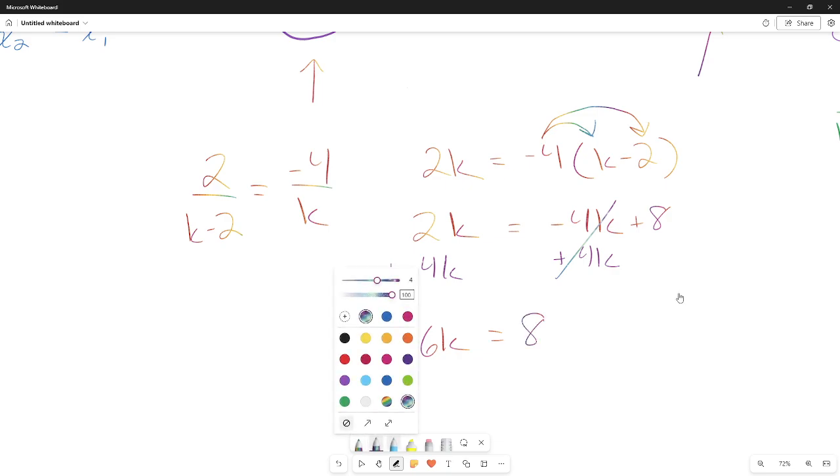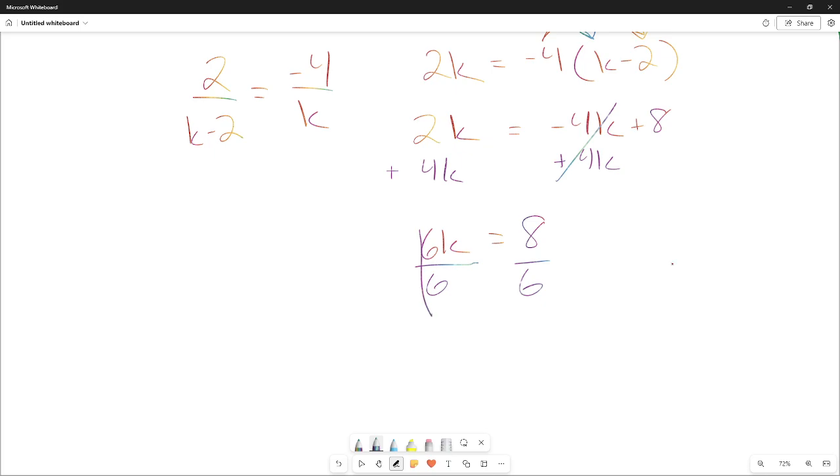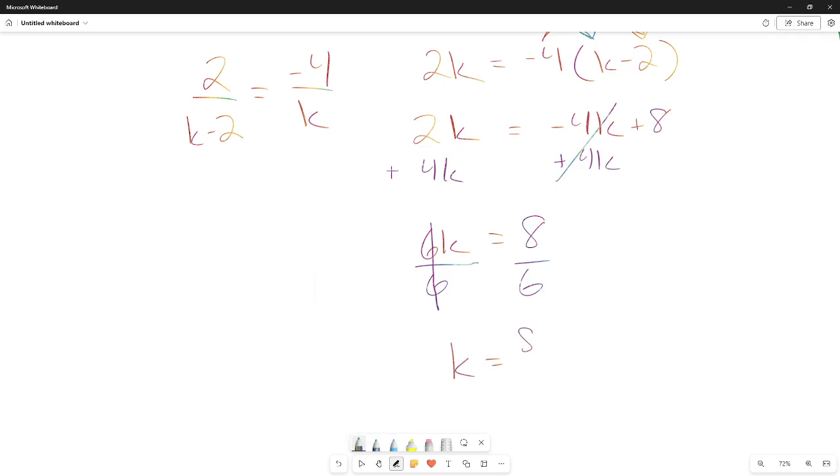And then to get k by itself, we'll have to divide by 6 on both sides. That cancels out. So now we get that k is equal to 8 over 6, and this can be simplified down into 4 over 3. So our answer would be k equals 4 over 3.